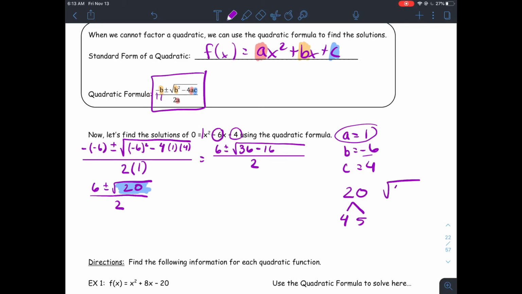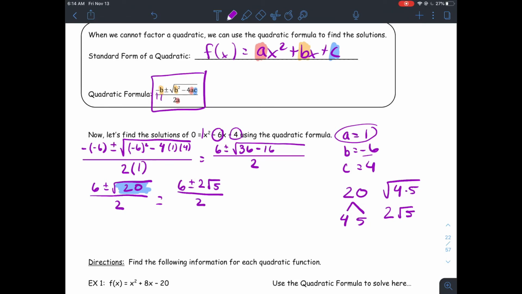So if we've got square root of 4 times 5, that's going to become 2 root 5. Do you see here why I was saying it's so important to make sure you know how to break down these radicals? So now this is equivalent to 6 plus or minus 2 root 5 all over 2.